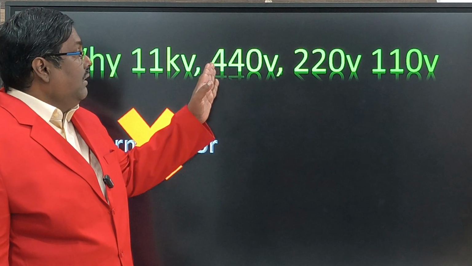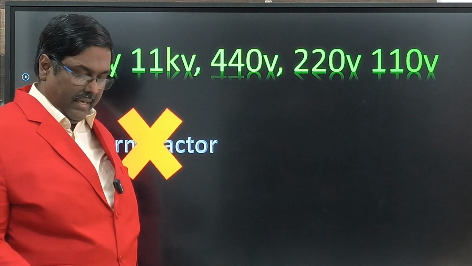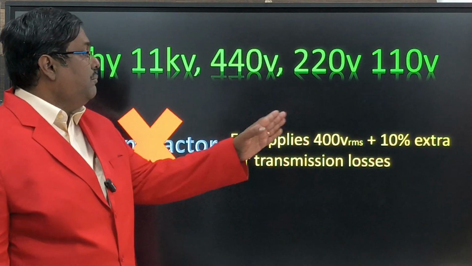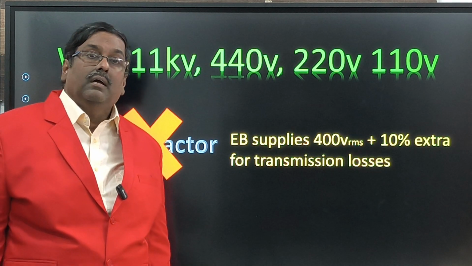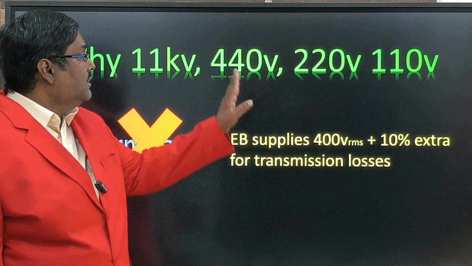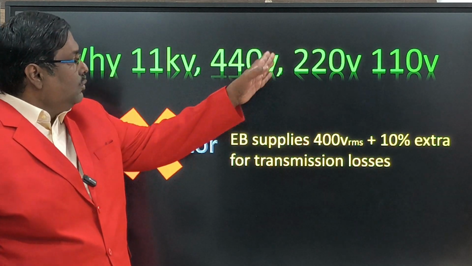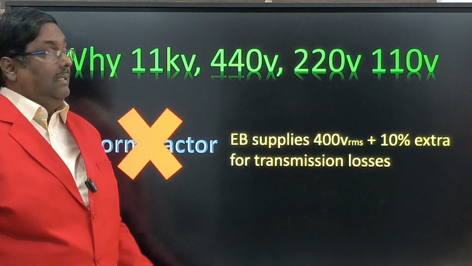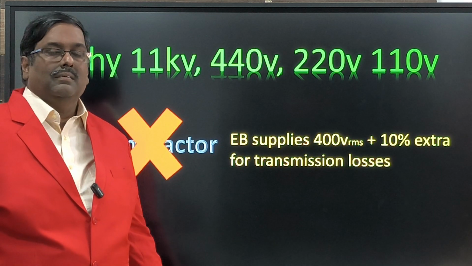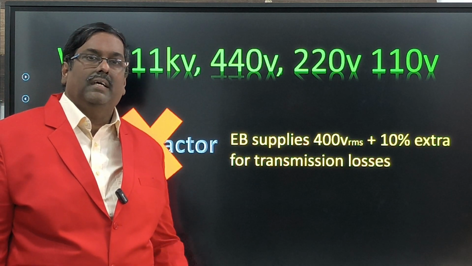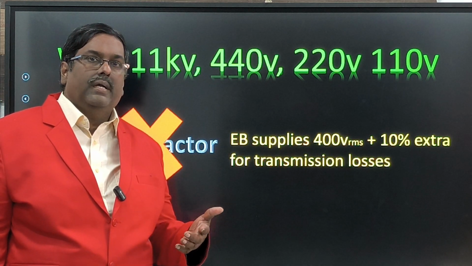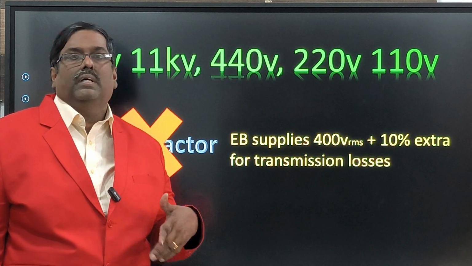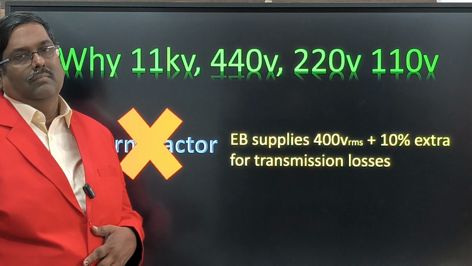So that is why, to be on the safe side, they always add 10% extra to the contract voltage. Correct? It is 400 volt plus 10%, 200 volt plus 10%, 100 volt plus 10%. That is why it comes like this. They add 10% to the contract agreement voltage so that you will not get a loss.